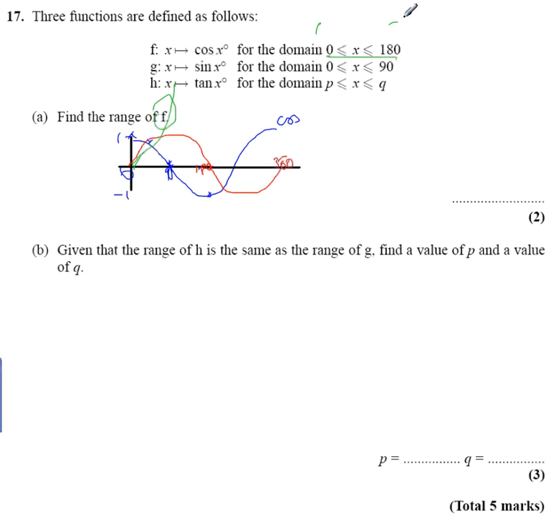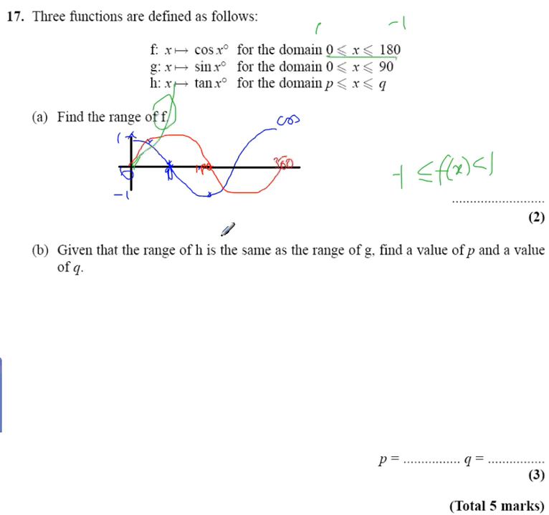And if you checked all the values in between, you'd notice that it covered the values in between. So that would tell you that the range of f, the output values, lies between minus 1 and 1. We can see that on the graph as well: between 0 and 180, cos goes from 1 down to minus 1. So the range of outputs is minus 1 to 1.